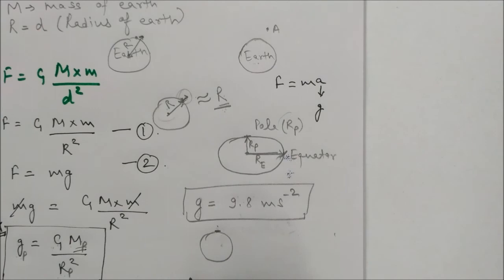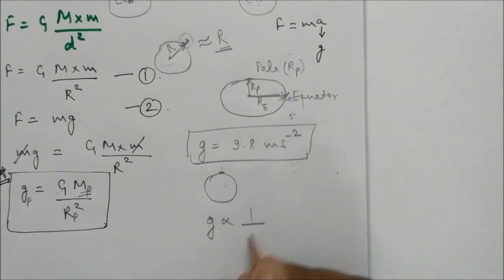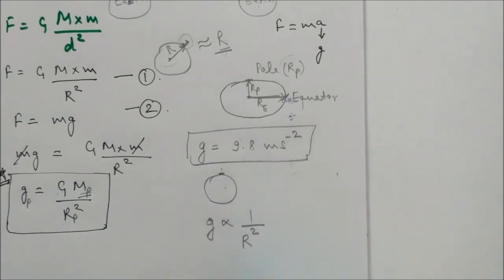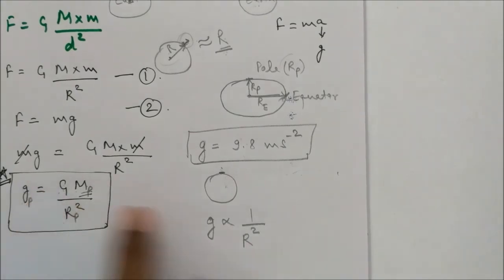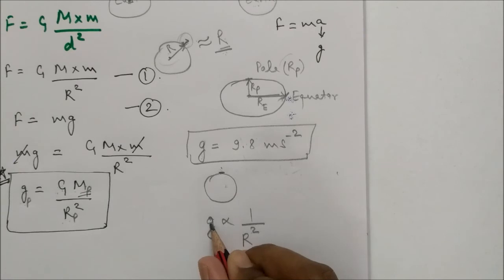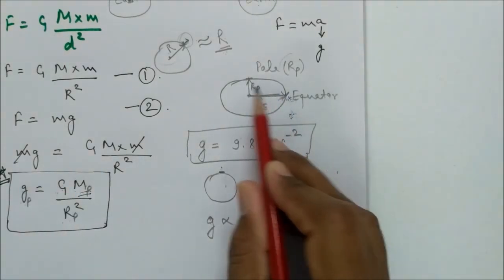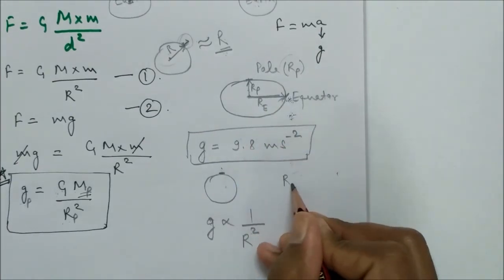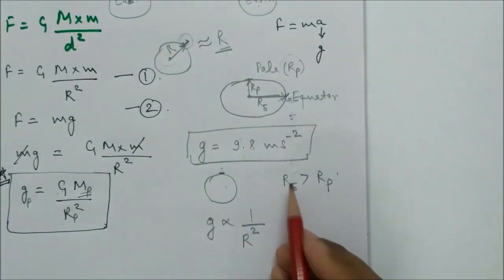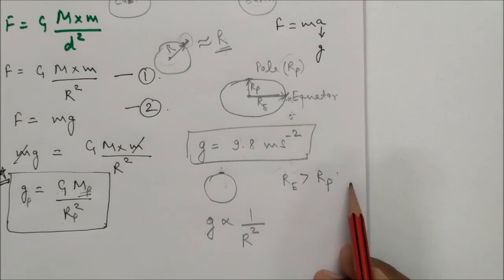We know that g is inversely proportional to the square of the radius, isn't it? So if the radius increases, then g will decrease. Since RE is greater than RP, at RE the value of g will be smaller as compared to RP.